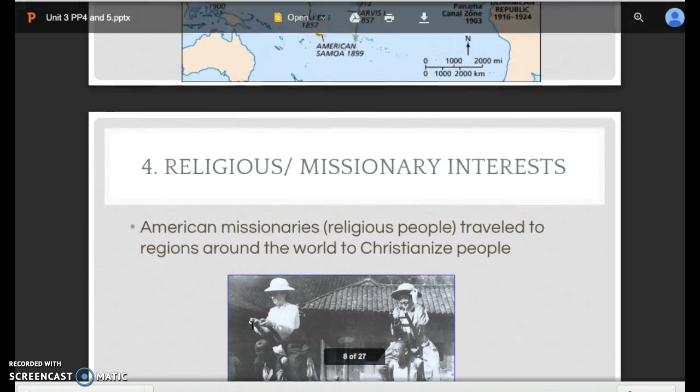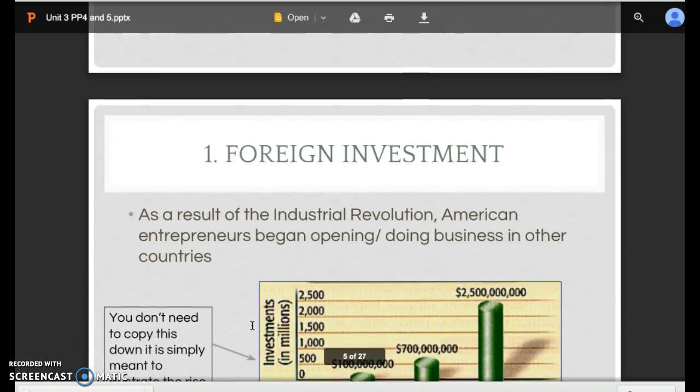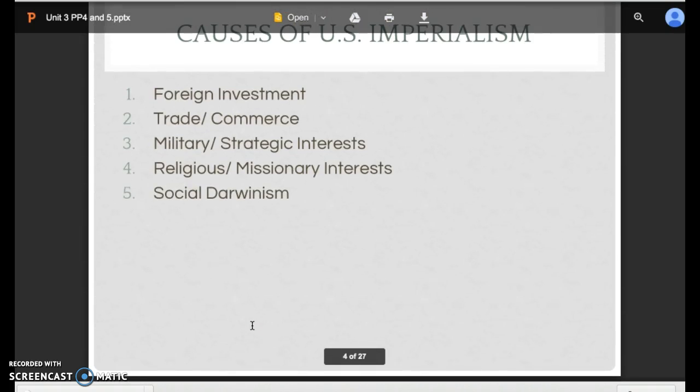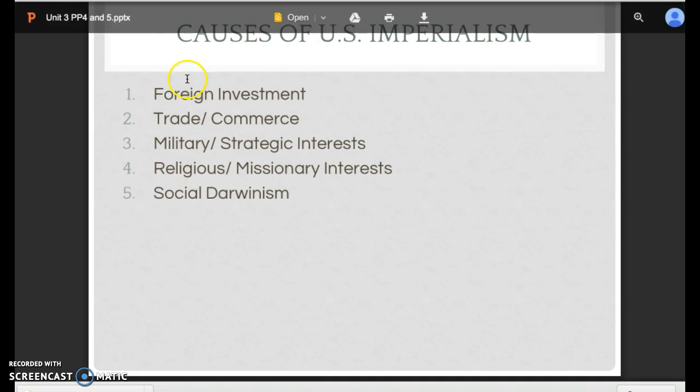And this was really the biggest breakdown that I did for why we would expand and go forward with imperialism. The main reasons I said were foreign investment, trade and commerce, military strategic interest, religious and missionary interest, and social Darwinism. So these are the main reasons I highlighted.